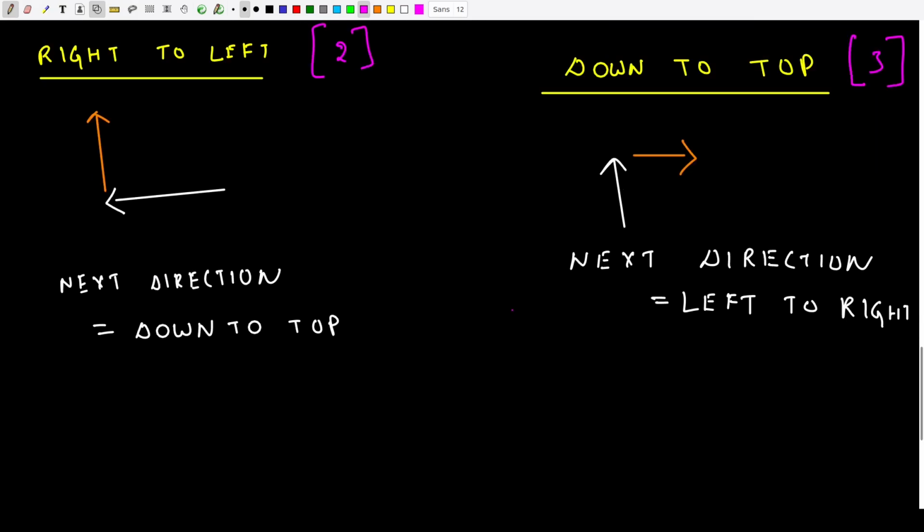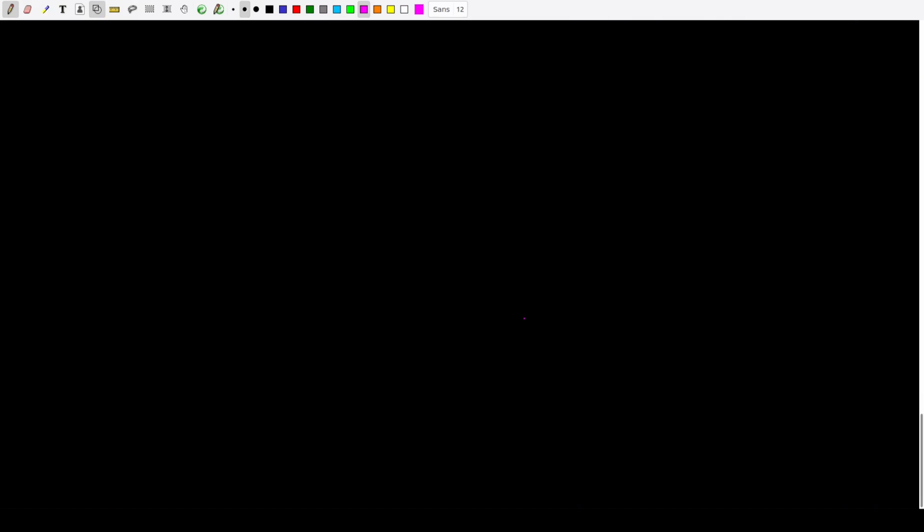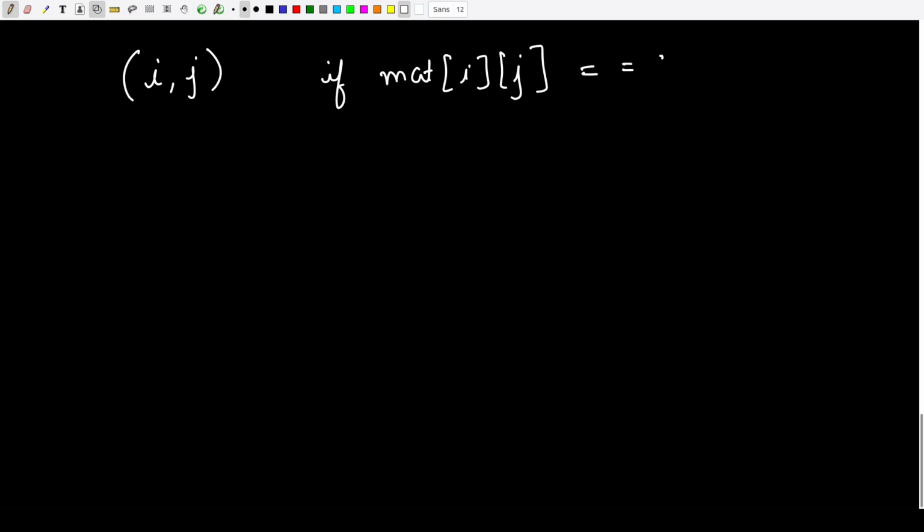Now let us see how we are going to solve our problem. We will be at some index i, j. We are going to check whether this i, j is 1 or 0. If i, j is 1, in that particular case, we know we need to change our direction.